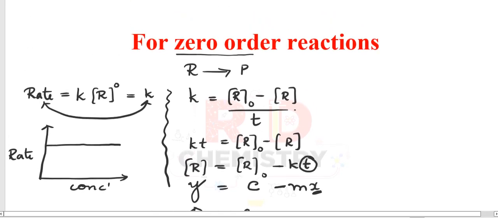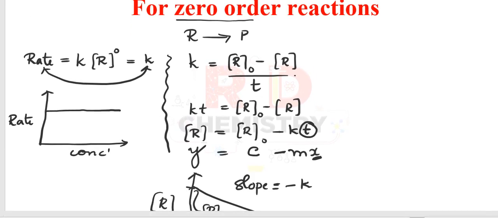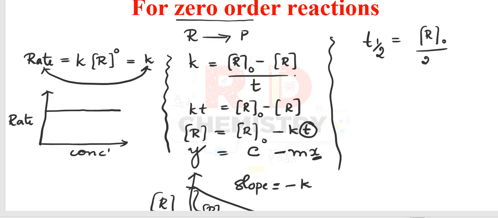Let's proceed to the half-life. We also derived the equation T half is equal to R naught divided by 2k. So for the half-life and the concentration term R naught, the initial concentration, the half-life for the zero order is directly proportional to the initial concentration R naught.